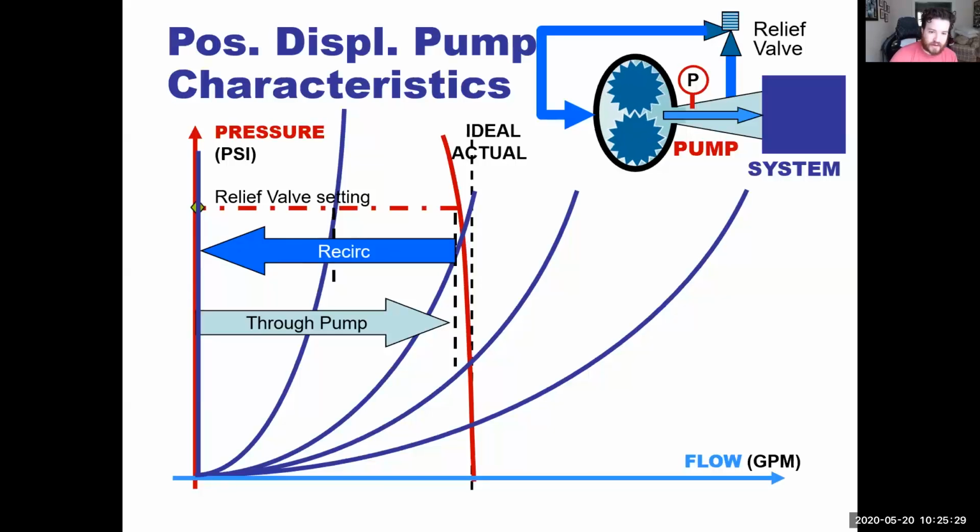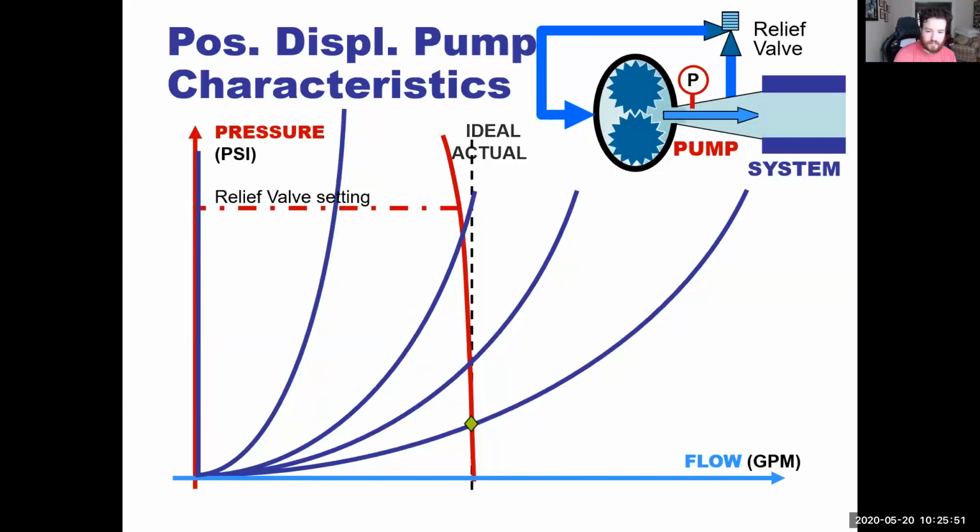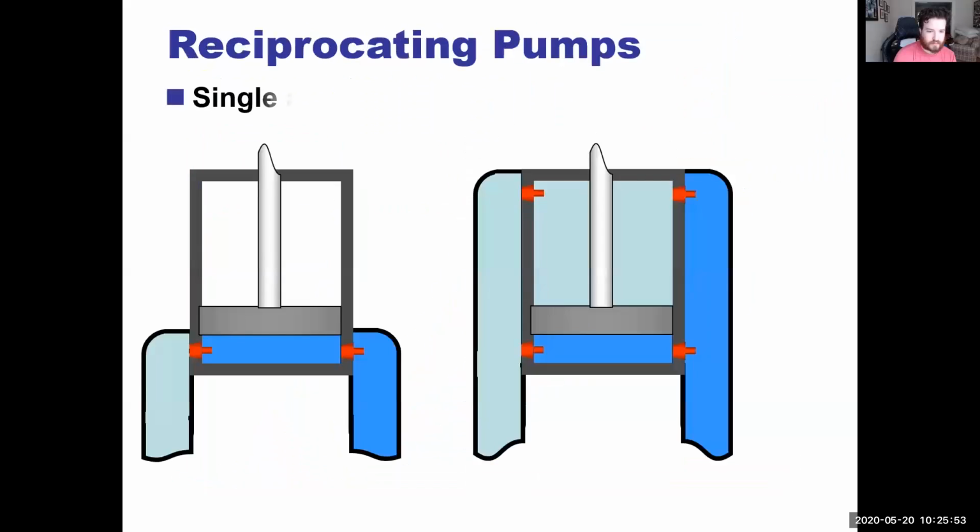Again, because what we have here is where we actually want to be, and that's matching up with our relief valve setting. And that's why we're having a no flow scenario, but a super high pressure. Everybody get that? Okay, good.